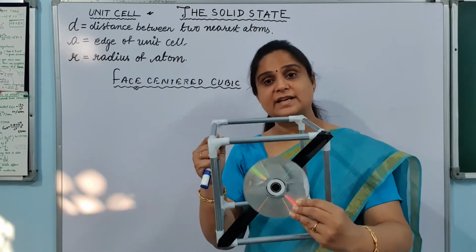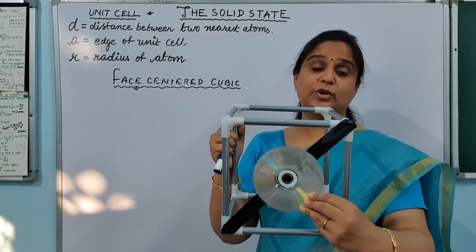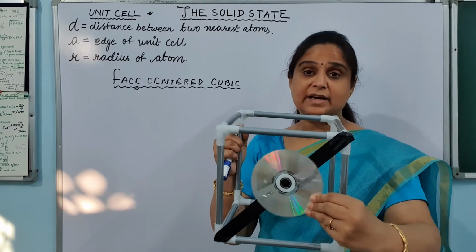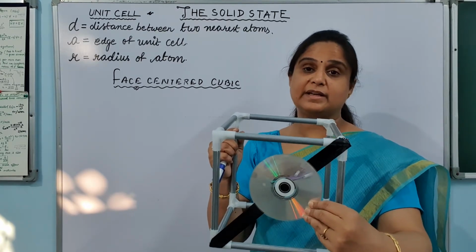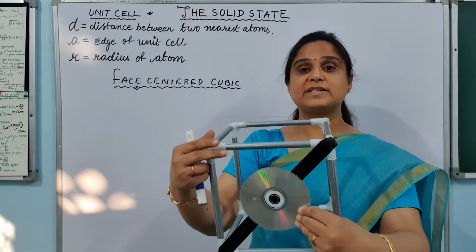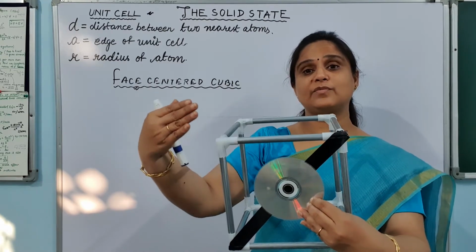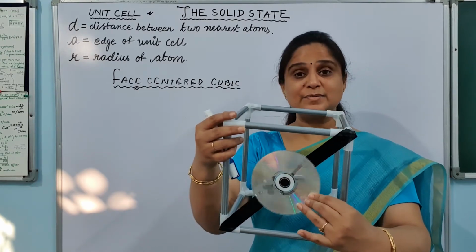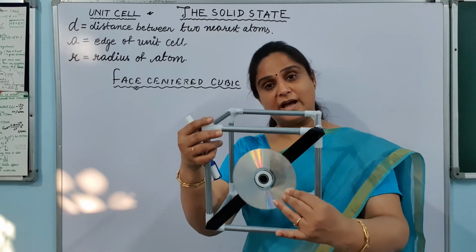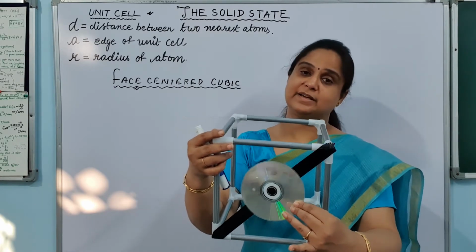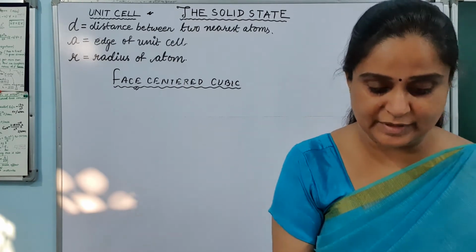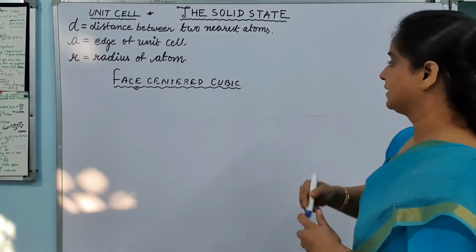For the center atom to occupy this space, these balls which were present at the corner have to go somewhat apart so that they can get this space in between to have this extra atom at their center. For example, let me show you this by using the diagram.